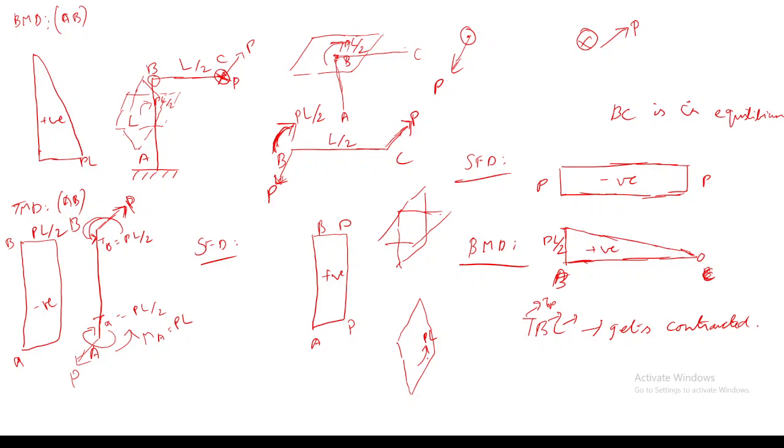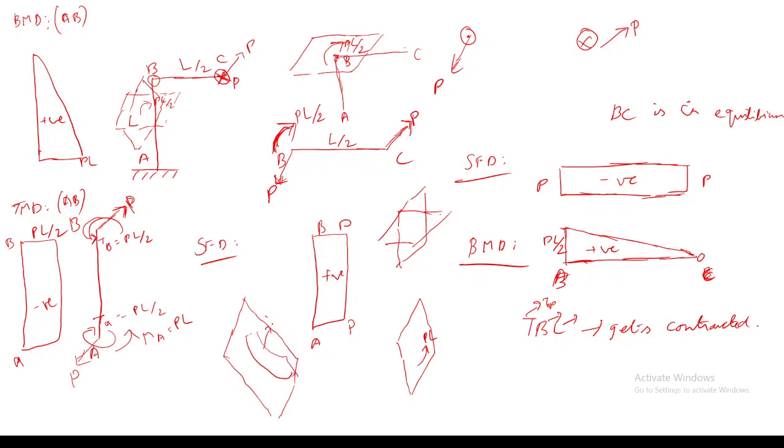So what happens due to this bending moment? It makes the back surface fiber get contracted, whereas the fiber facing towards you, termed the front surface, will get elongated. If I draw the fiber in the right hand plane, it will be something like this.